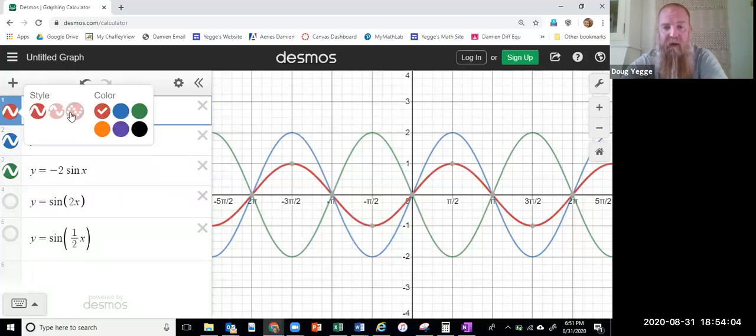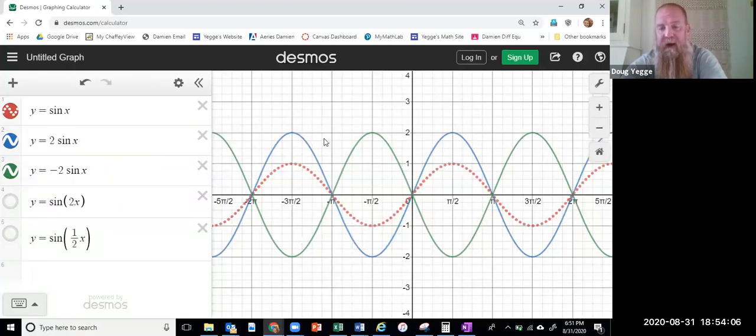So now if we take a look at the original sine of x graph as this dotted graph, I can see that the blue graph, the stretched function, and the green graph, the reflected function, are simply transformations of the same function, but we know that the shape itself is going to be the same.